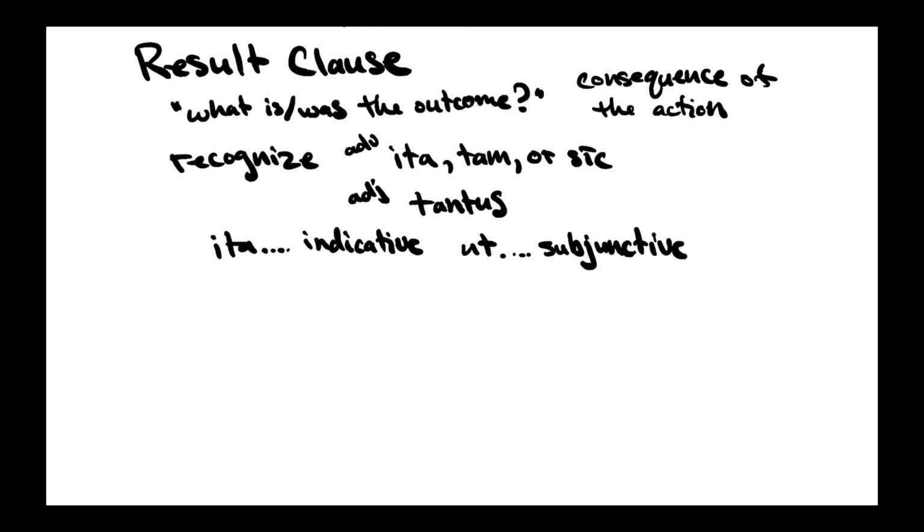Now, if you want to negate the subjunctive clause, that's the subordinate clause, or the result clause here specifically, you can do that with non. Remember, with the purpose clause, you'd use ne, and it would replace that first signal word. But here you add it to the signal word.